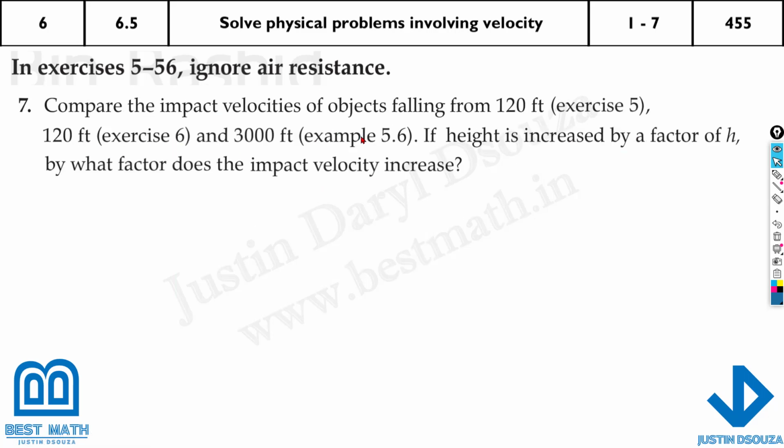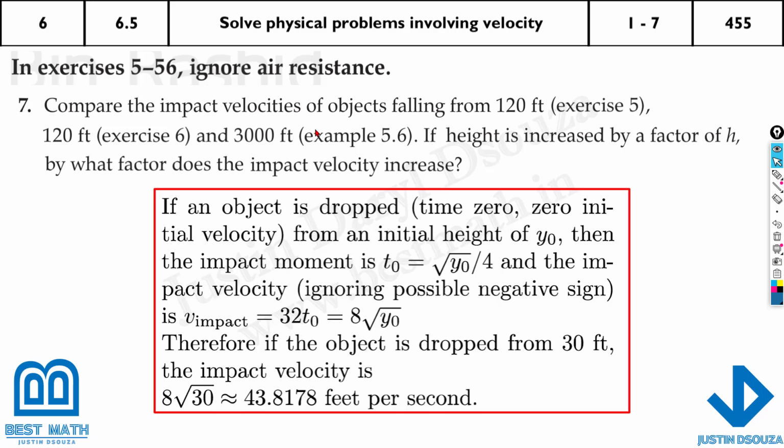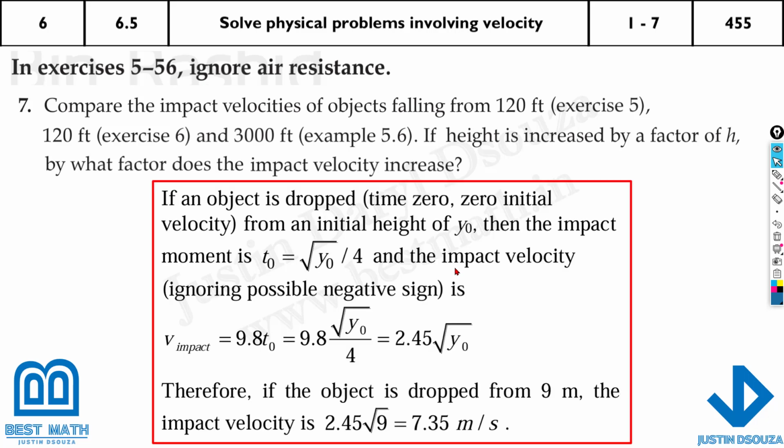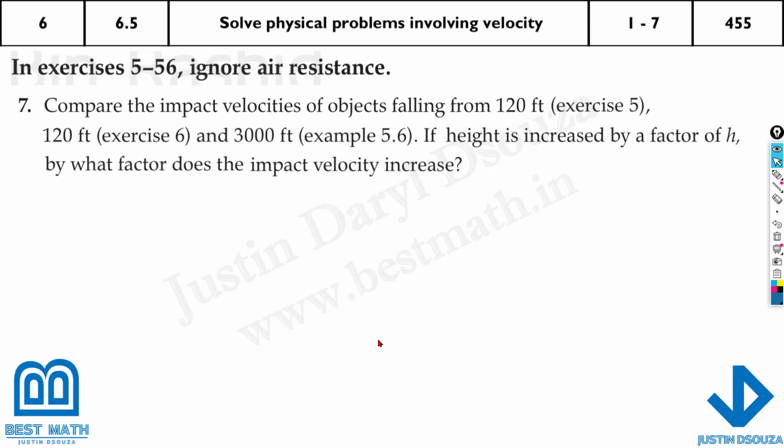Now, this problem is to compare the two questions. Usually, you will never have this because you're solving one question, that's it. But if you compare, you could see that as the height was increasing, the velocity also was increasing, right? If you compare it, there's a factor which you multiply, and that will be the increase. And here they have got this as a factor, square root of y0 divided by 4.